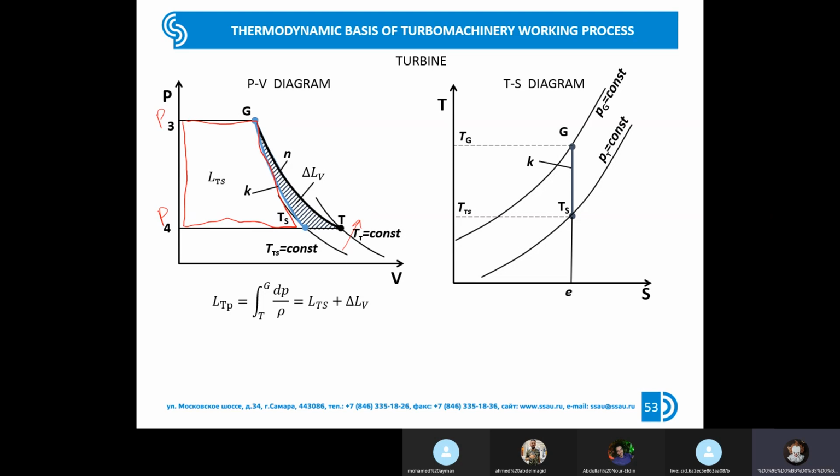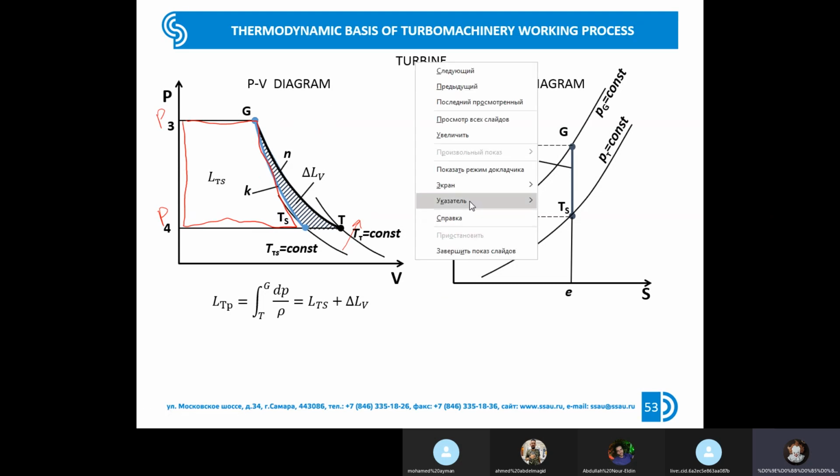It's a very typical answer for the students. I will show you a very interesting moment. Okay, let's change the color.